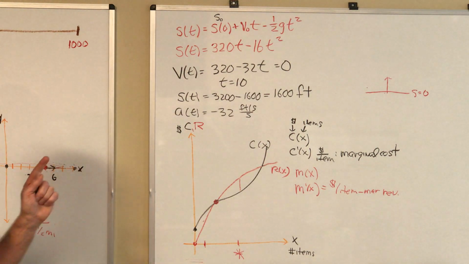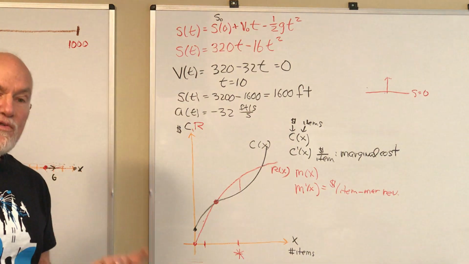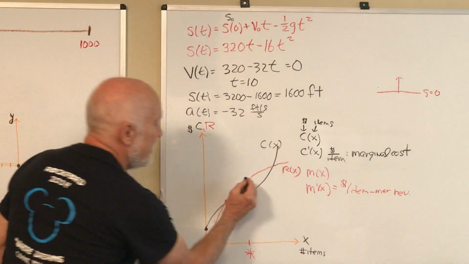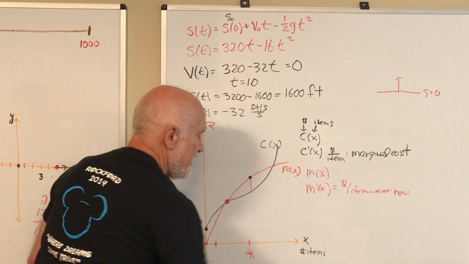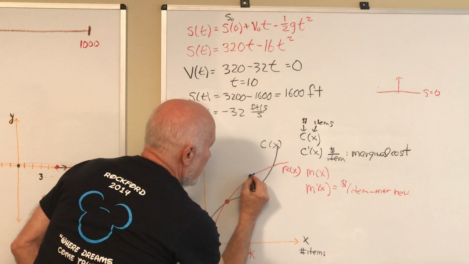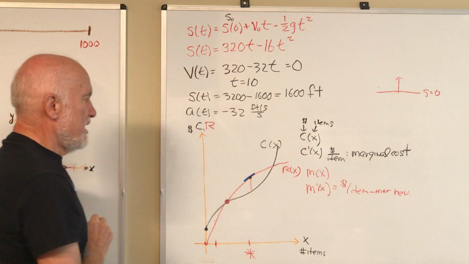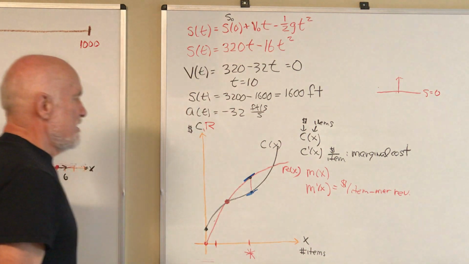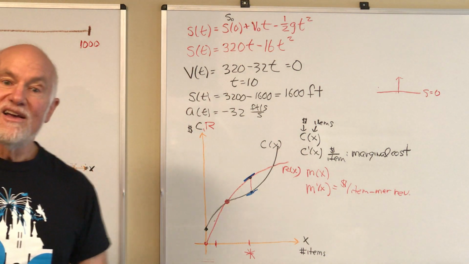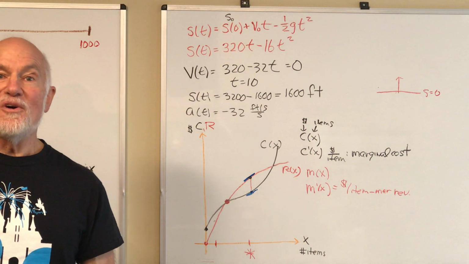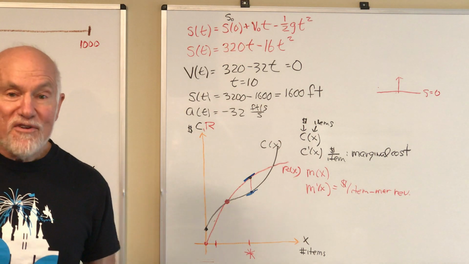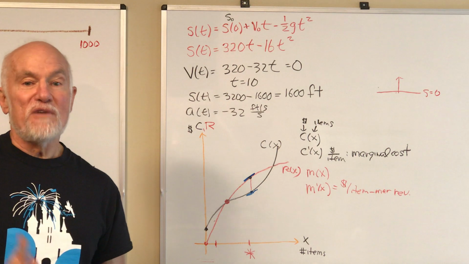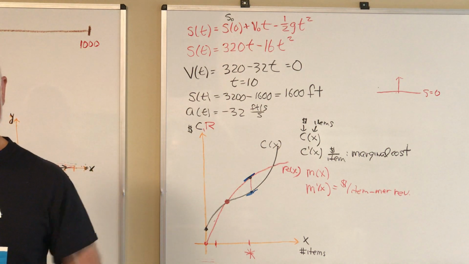Now, I'm not proving this right now, but look at it. What do we see at this point? The marginal revenue and the marginal cost turn out to be the same thing. So maybe it's going to turn out that the maximum profit happens when the marginal revenue equals the marginal cost.